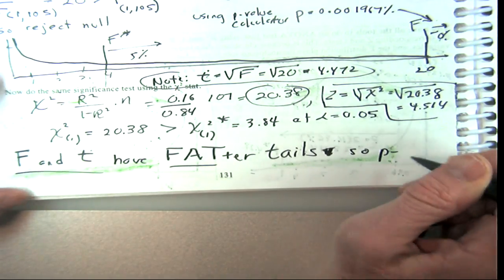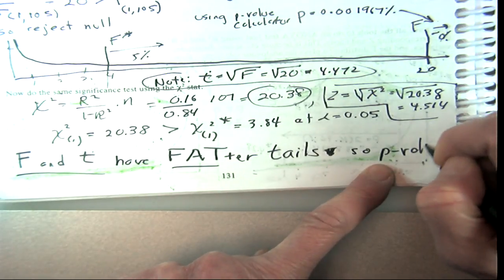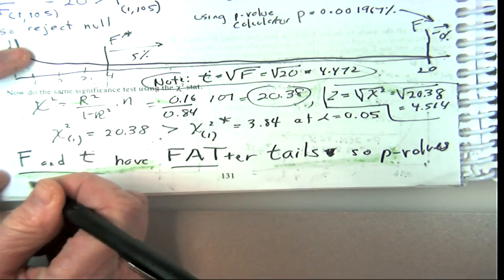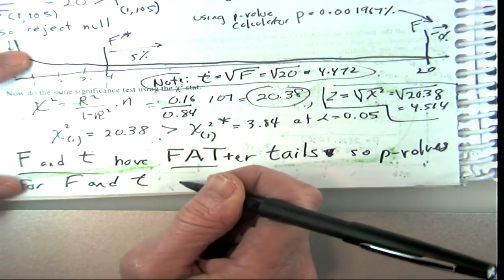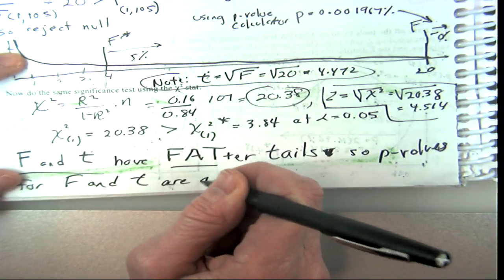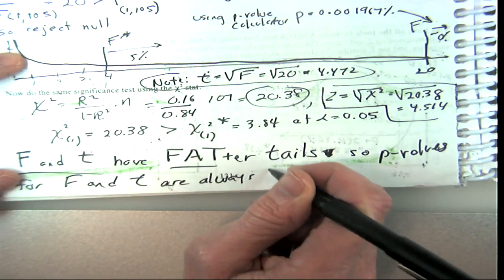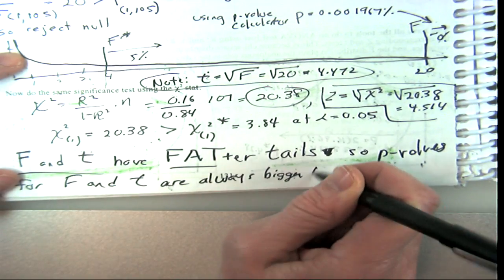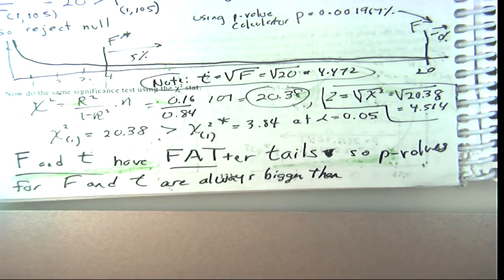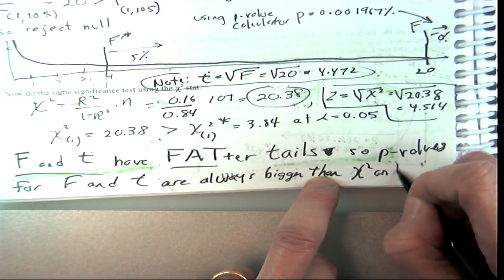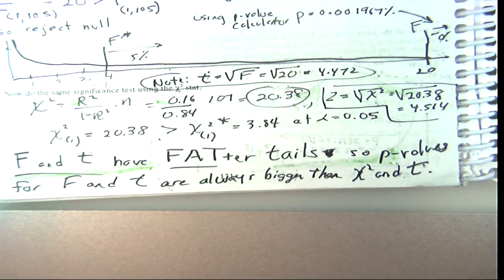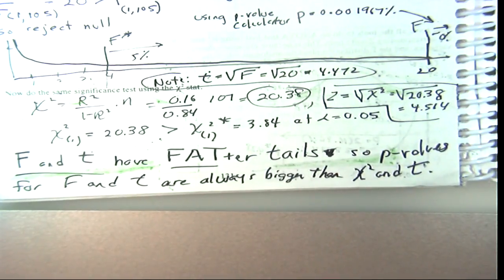So p-values will always be bigger because that measures the area in the tail, if you take it out to enough decimal places. Bigger than what? Corresponding chi-squared and z, assuming everything else is the same. So that's an easy way to remember it. Bigger p-values, meaning what? You're less likely to reject the null. You need more evidence to reject the null.